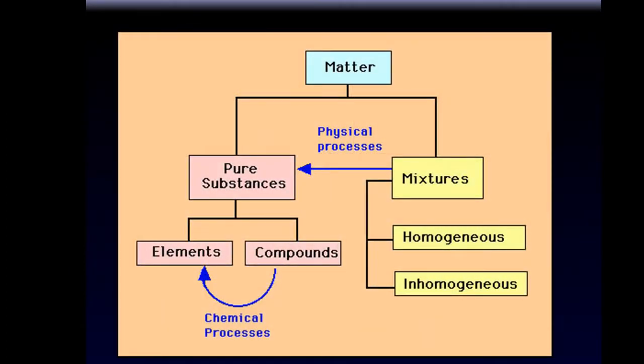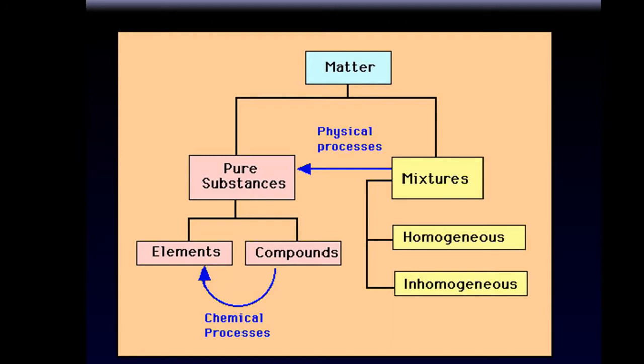Now, matter can be classified into different components. Matter can be classified into mixtures, made up of different things, and into pure substances, which are not composed of other things.